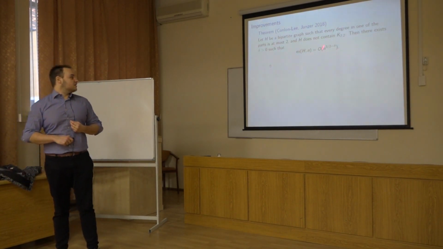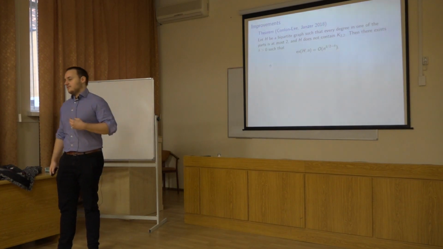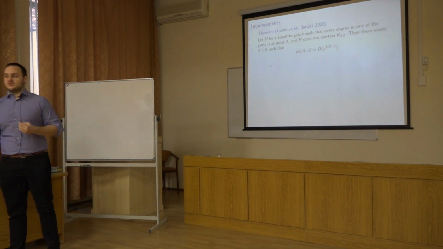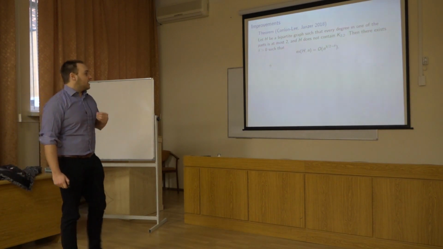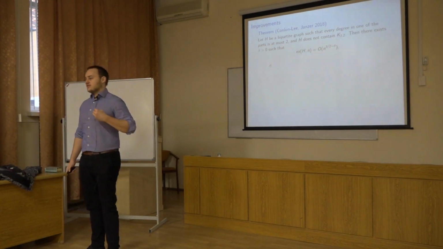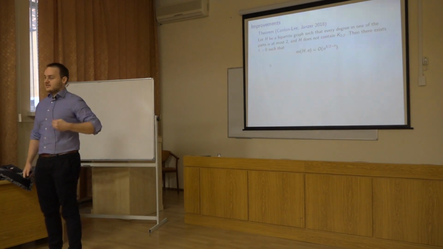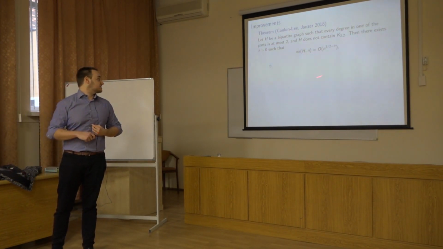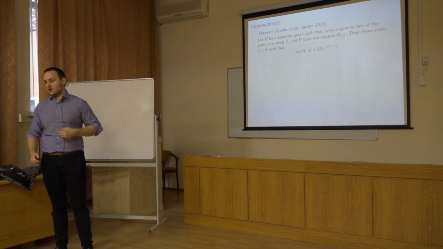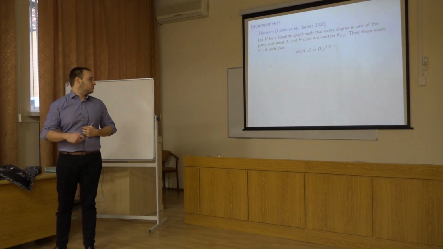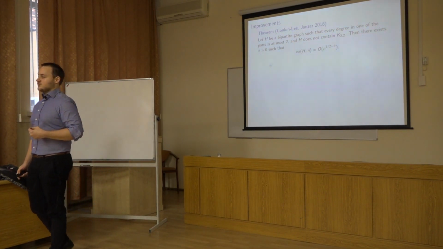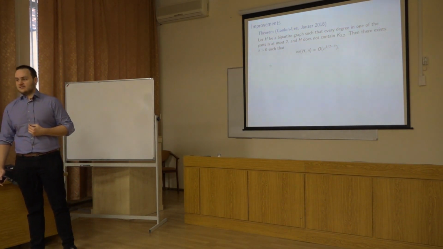In this case, they proved that if we look at a graph where every degree in one of the parts is at most 2, and we also assume that this graph does not contain K_{2,2}, then the previous theorem can be improved. They proved that there exists some delta which depends only on this bipartite graph H, such that the extremal number of this bipartite graph is at most n^{3/2 - δ}.